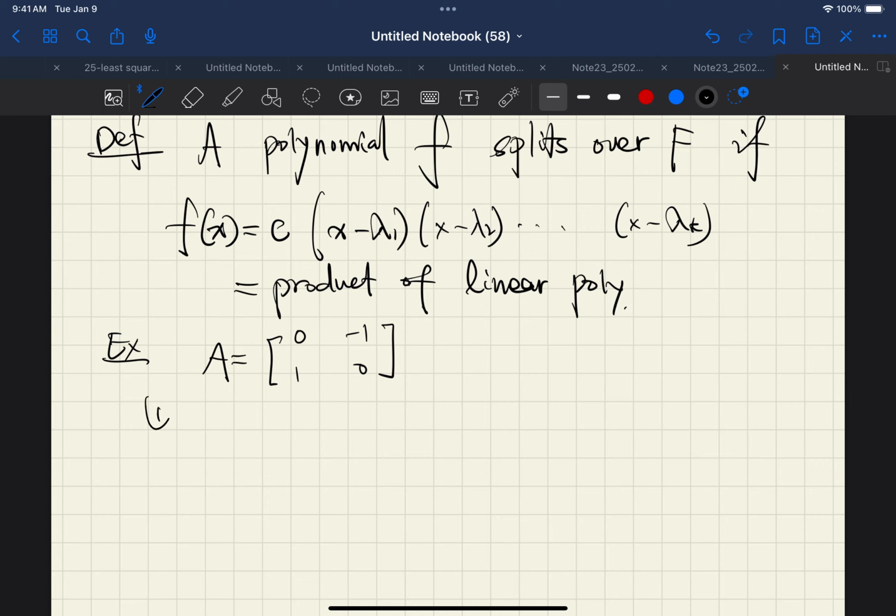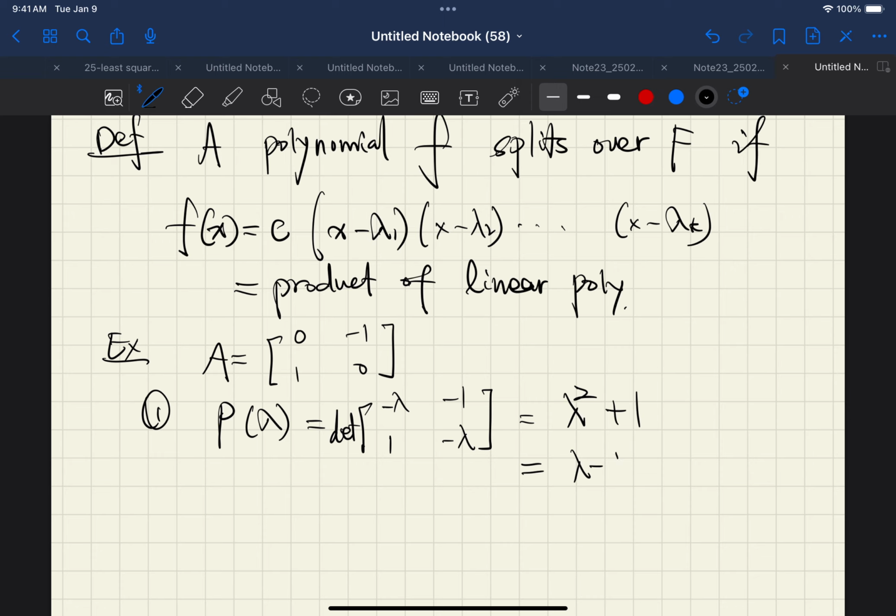We are looking at its characteristic polynomial, which is the determinant of the matrix with rows (negative lambda, negative 1) and (1, negative lambda), which is lambda squared plus 1. We know that this is not factorizable over R, but it is factorizable over the complex numbers.